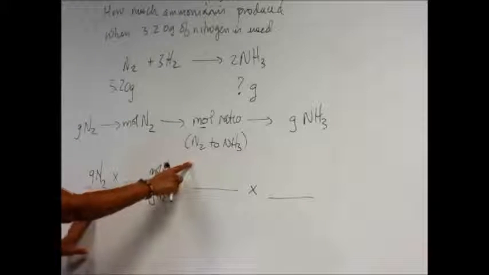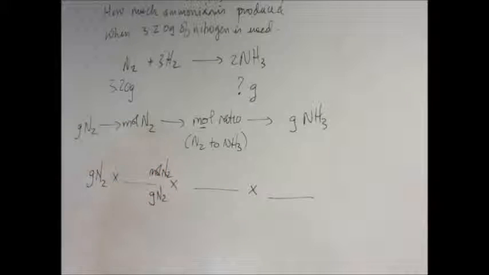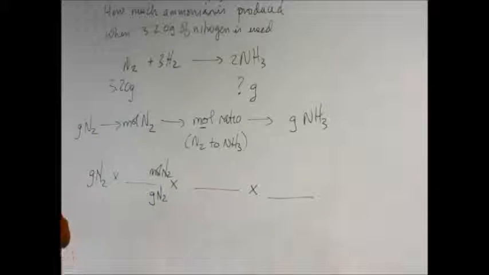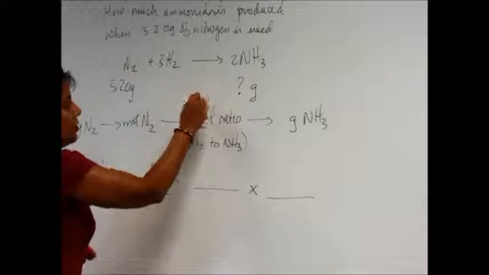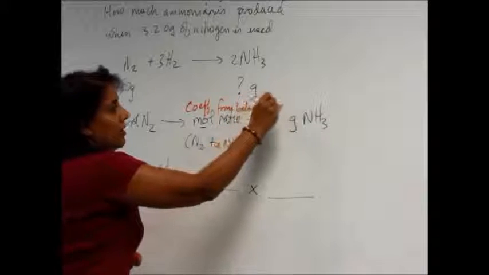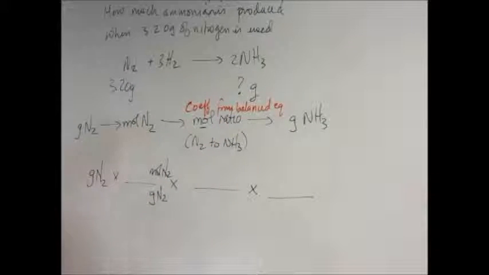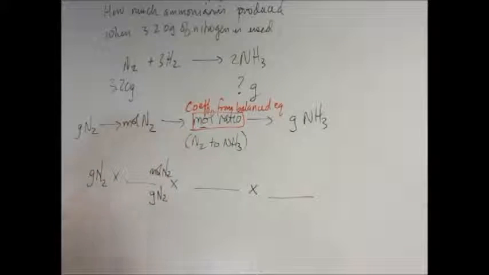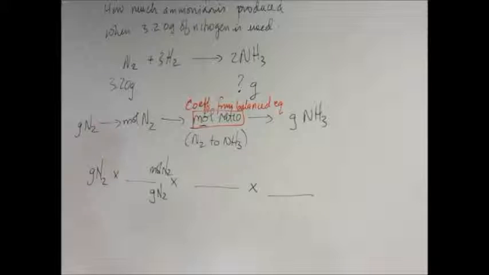Now the mole ratio over here, where am I getting that from? The coefficients from the balanced equation. If your equation is not balanced, it's not going to work. So use the coefficients from the balanced equation. That's where the mole ratio is coming from. And if you miss the mole ratio, that's a big miss. The only time the mole ratio is not going to affect you is if it's 1-to-1, that's the only time you can get away with it.